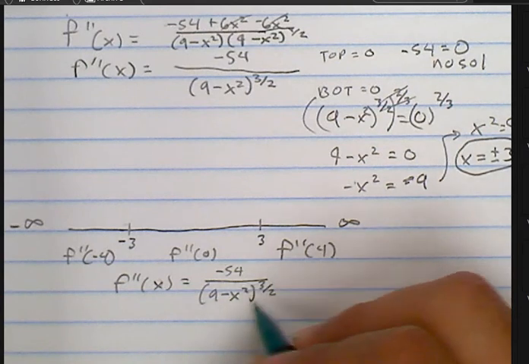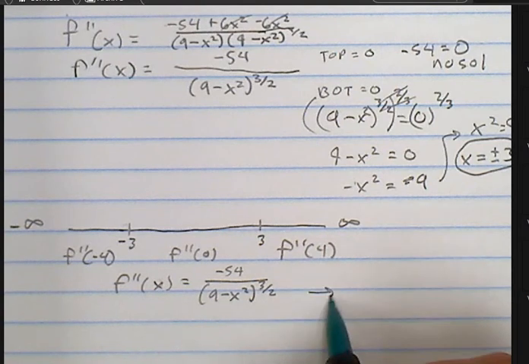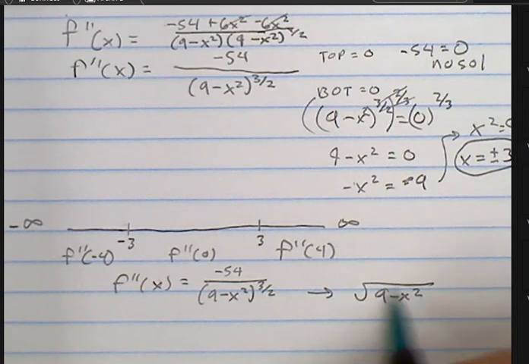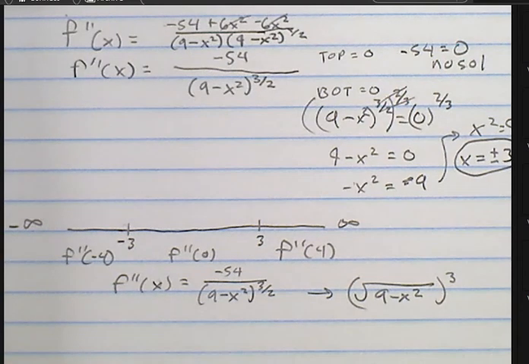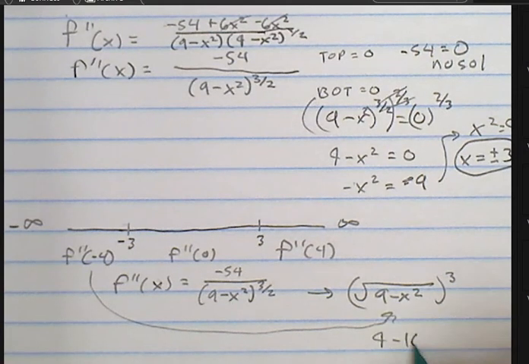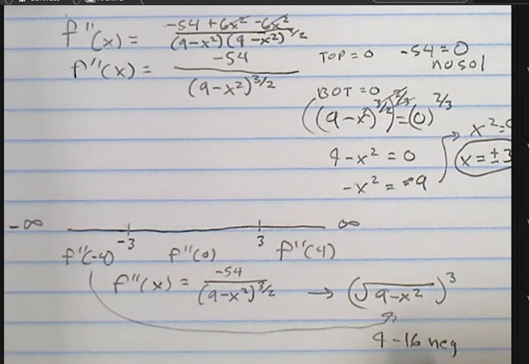When I plug in -4, I get the same thing. This is basically square root of 9 minus x squared to the 3rd power. When I plug in -4 here, I get 9 minus 16. It's a negative. Does not exist.